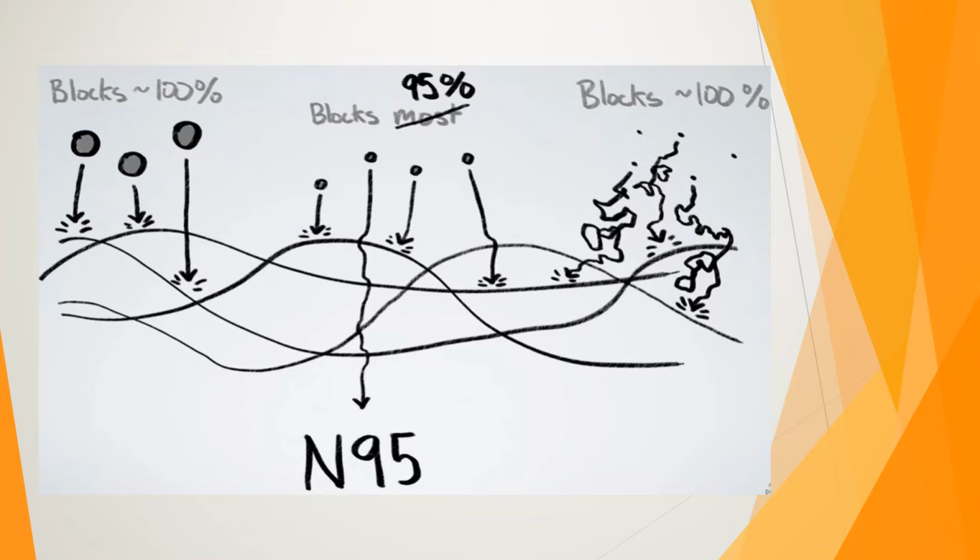P2 or N95 masks are able to deal with this problem because, as well as having that random weave, they are also electromagnetically charged fibers which attract the particles with their charge. Think static electricity. N95 means that the mask is able to capture at least 95% of these middle-sized or most difficult particles.